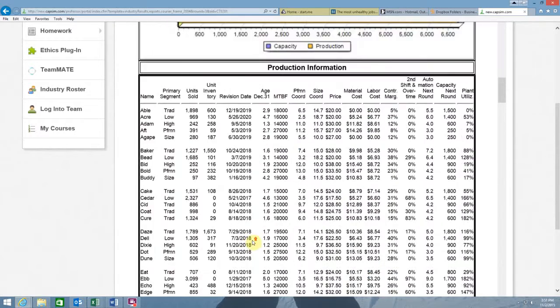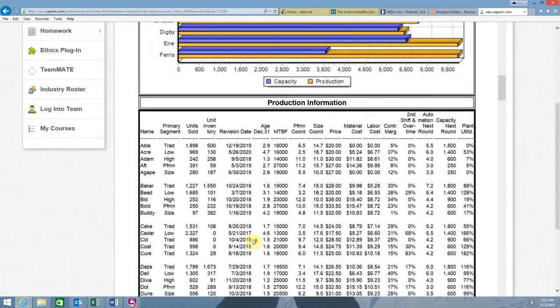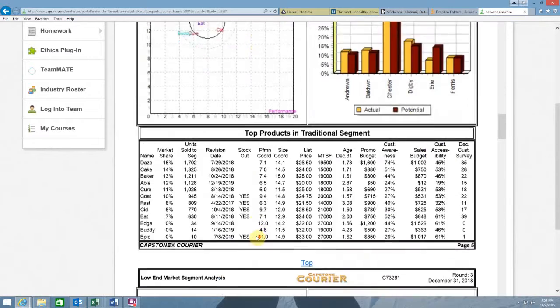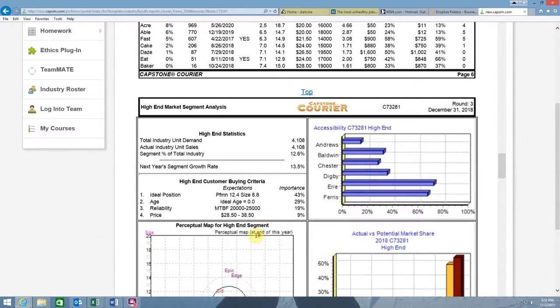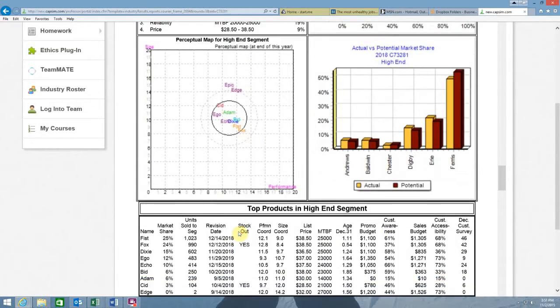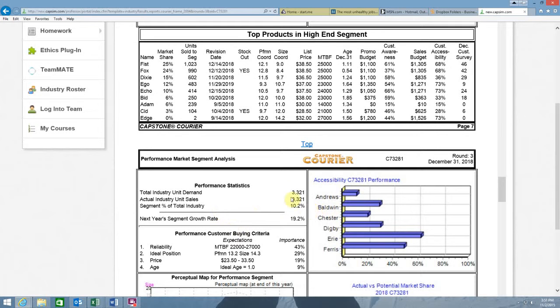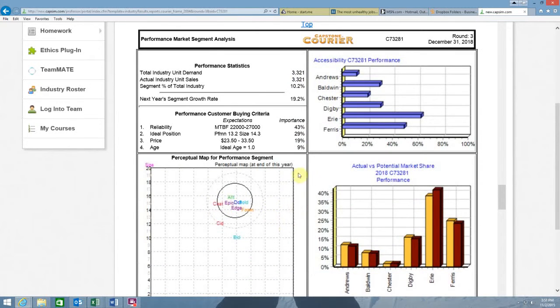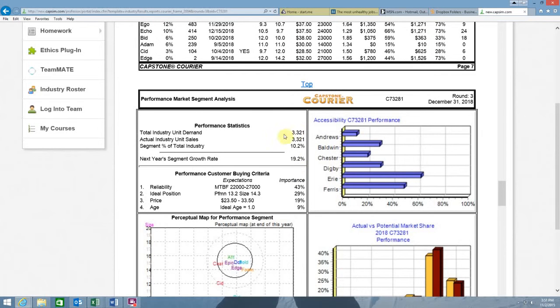Just tell me what the capacity is, right? And in the performance segment, I'm not sure what kind of inventory there might have been, but take a look at the teams and what they would be able to make in the performance segment next time, and just tell me how that compares to what the demand's going to be.